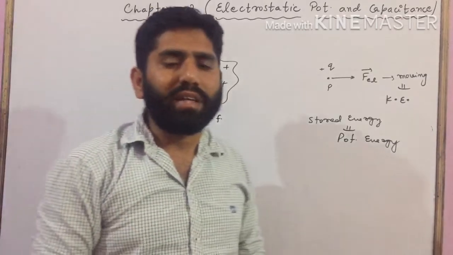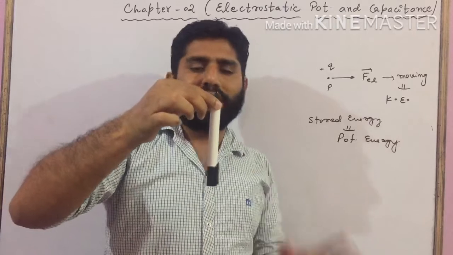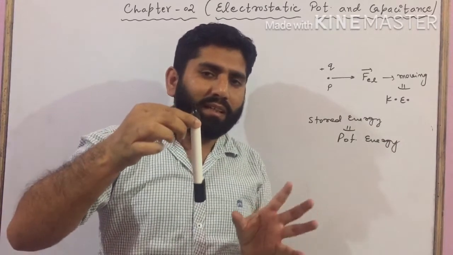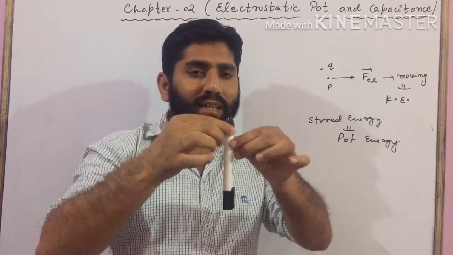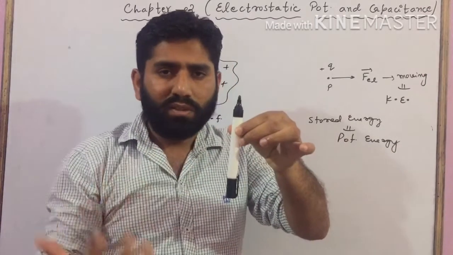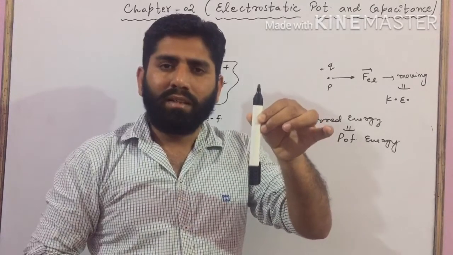Like in the case of gravity, suppose I am holding this object. If there is no electric field, but still some gravitational field is there, because it is under the influence of the gravitation of Earth, does it have some energy?